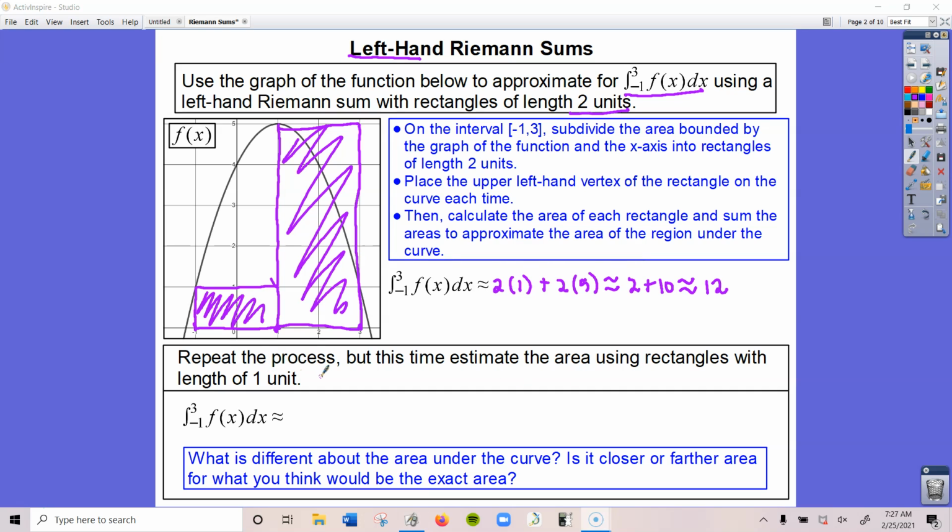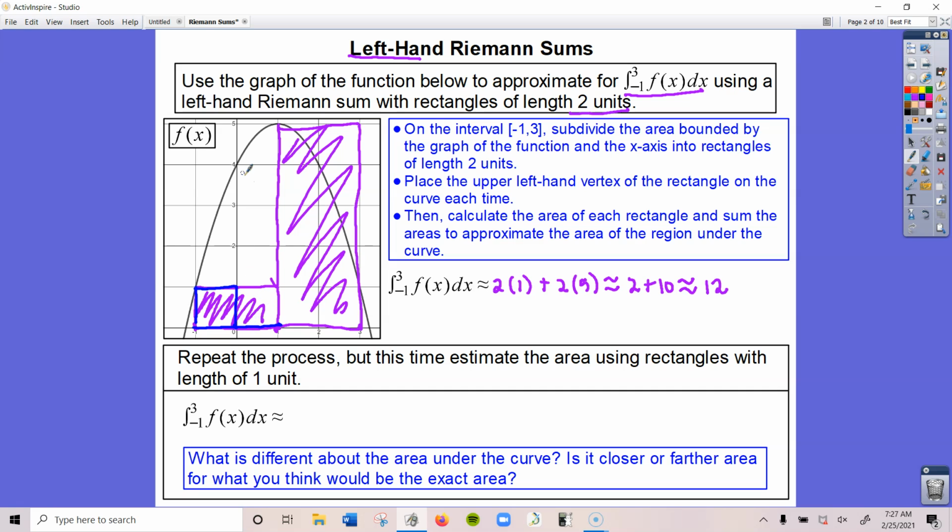Now we're going to repeat this process, but this time we're going to estimate the area using rectangles with a length of 1 unit. So I'm going to switch colors here so we can see those rectangles. So we're going to go from -1 to 3, but every rectangle will only be 1 unit. Again, the height is determined by the left side of each rectangle.